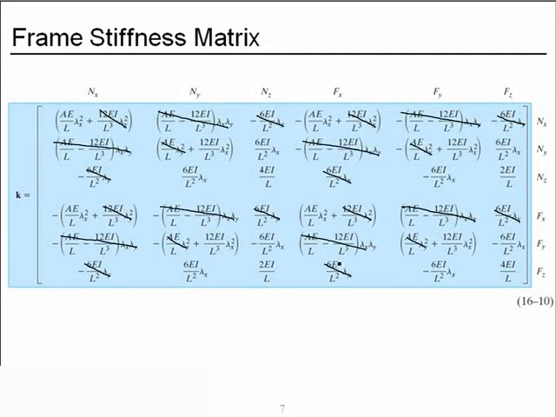And then our final row. Our first and fourth terms are 0. Our second and fifth terms are 6EI over L squared, but this one has a negative sign.